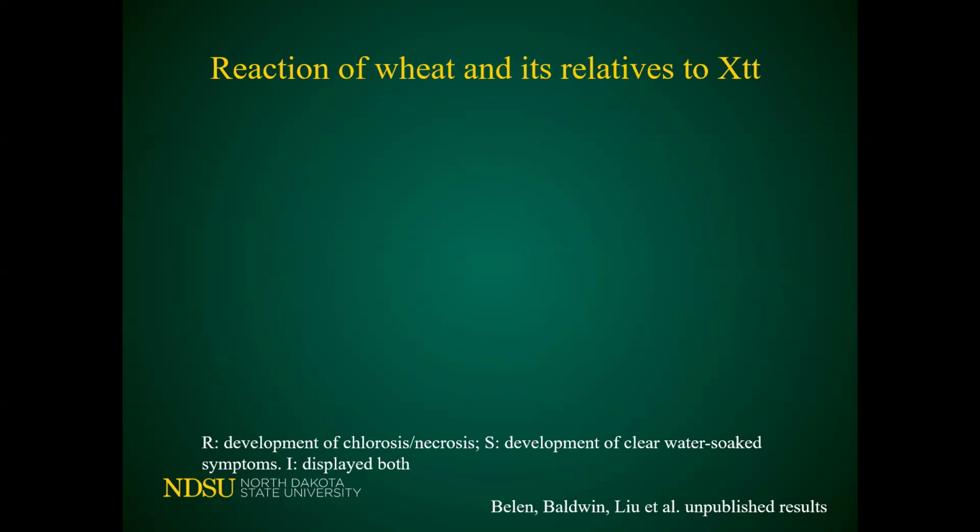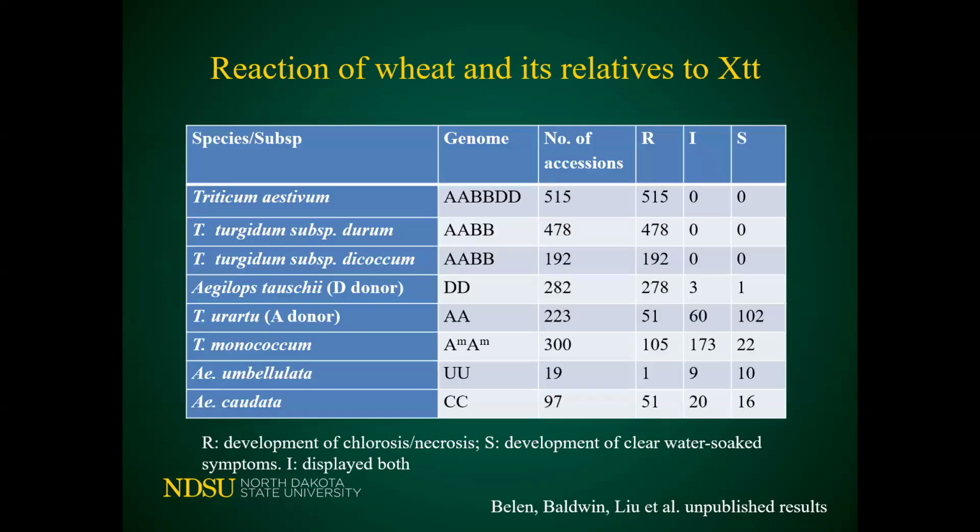So we try to screen the material we have, including wheat, emmer wheat, those D genome donors and A genome donors, and some other crosses to see what the reaction is. For the common wheat, you usually have this hexaploid, right? AABBDD.